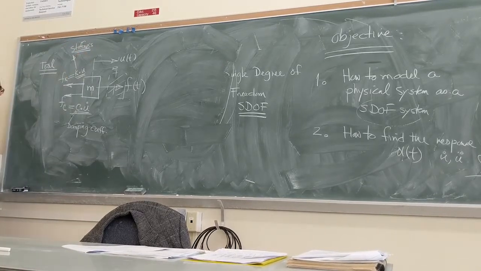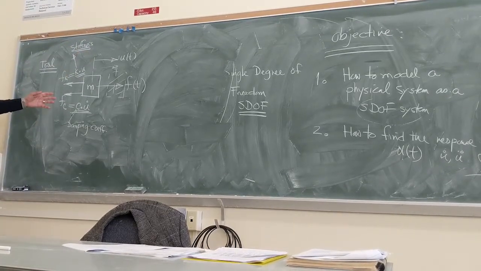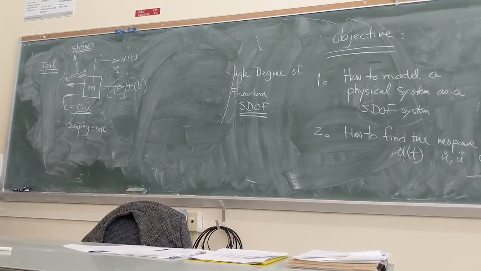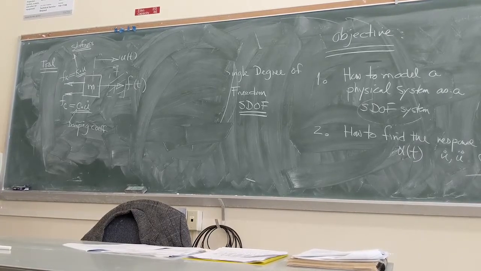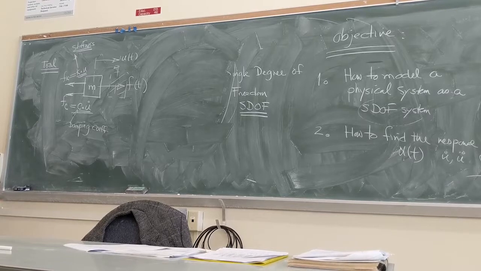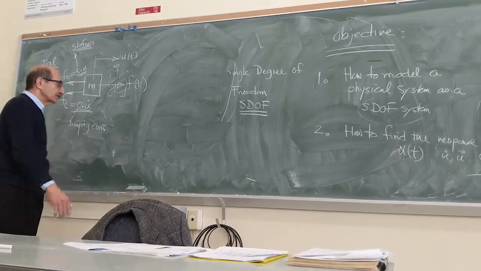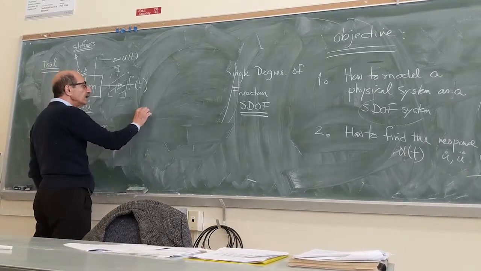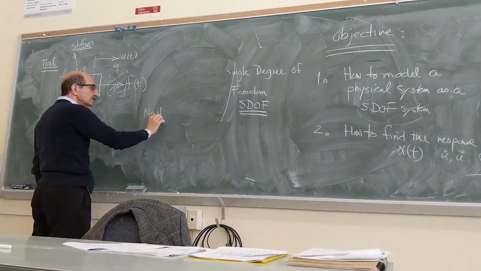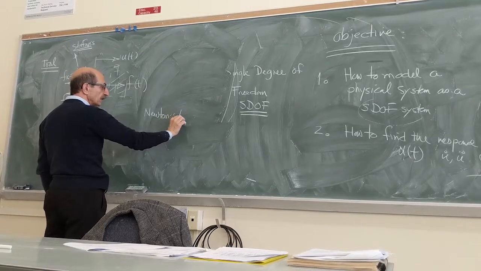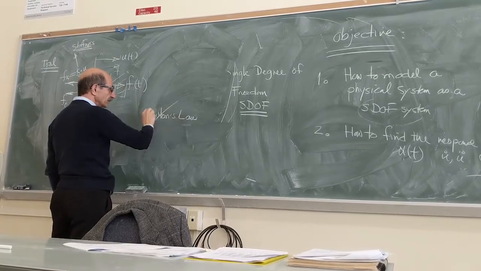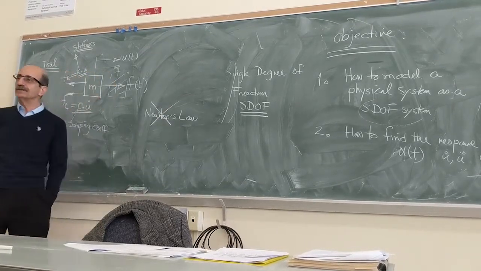Okay. What else do we have to complete this diagram? There are two ways to set up the free body diagram in dynamics, or solving a dynamic vibration problem. One is using somebody's laws that I do not like, because he was one of the biggest thieves of all time.